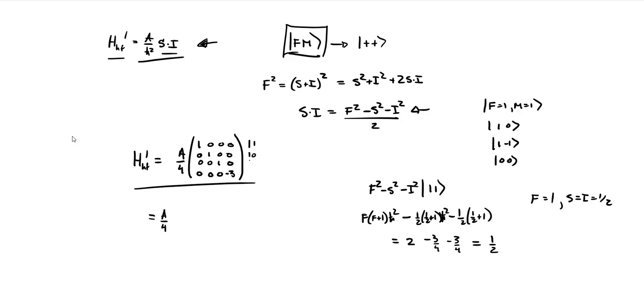Likewise for the 1, 0 and the 1, negative 1 states, and then for the 0, 0 state, its energy shift is negative 3 over 4 A, right? So the 1, 1, 1, 0, and 1, negative 1 states all have that energy shift.